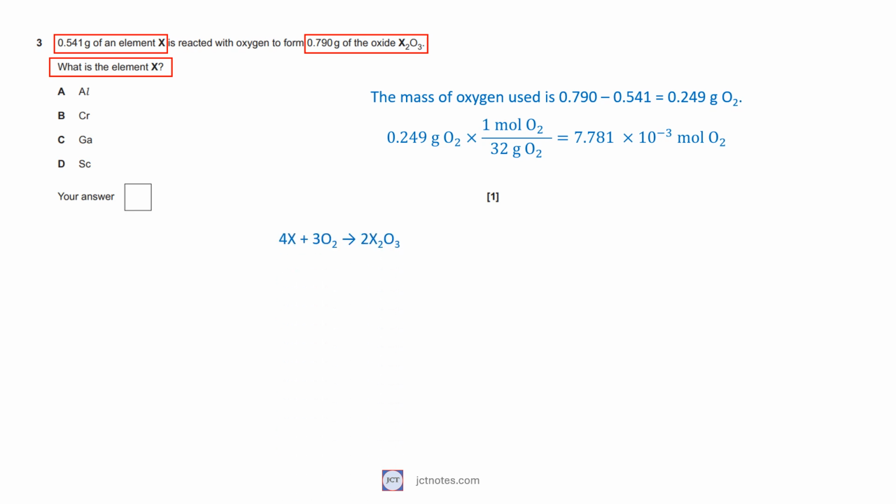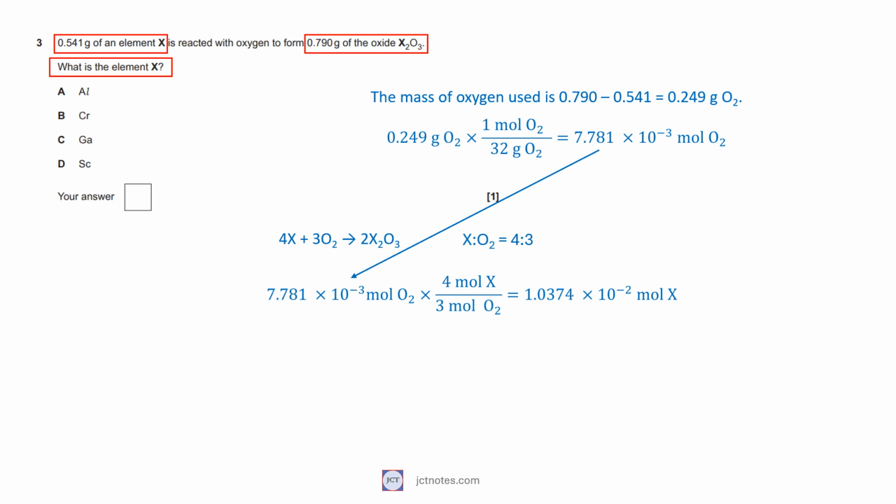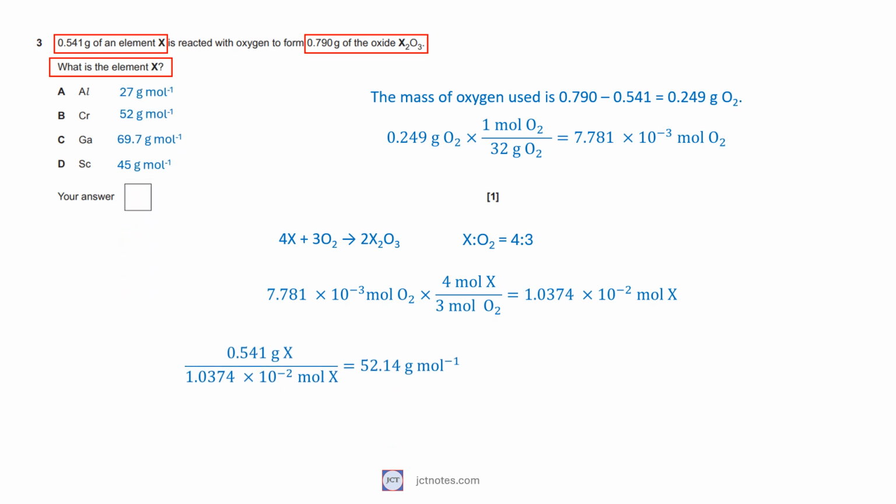The balanced reaction that we are looking at is 4 moles of element X reacting with 3 moles of oxygen to form 2 moles of compound X2O3. The proportion between X and oxygen is 4 to 3. With the number of moles of oxygen that we have, the number of moles of X is 1.0347 multiplied by 10 to the power of minus 2 mole of X. With this number of moles of X and the mass used, we can find its atomic mass is 52.14 grams per mole.